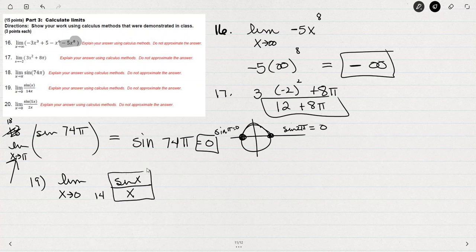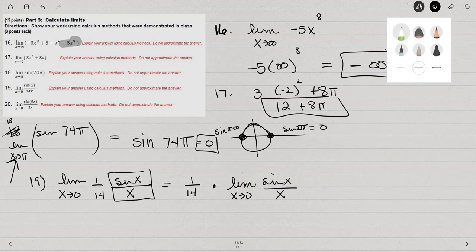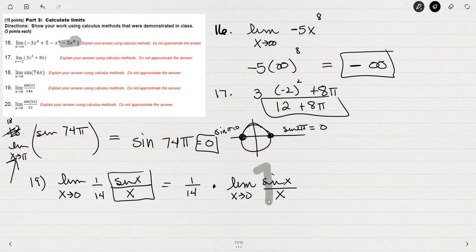So what I can do is simply pull out that 1 over 14. The limit of sine x over x is just 1. 1 times 1 over 14 is just 1 over 14.